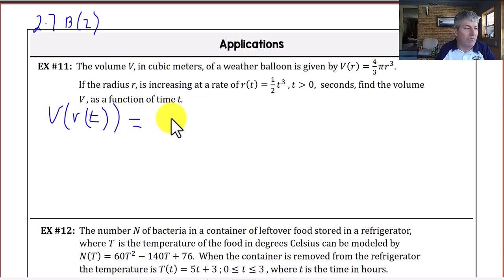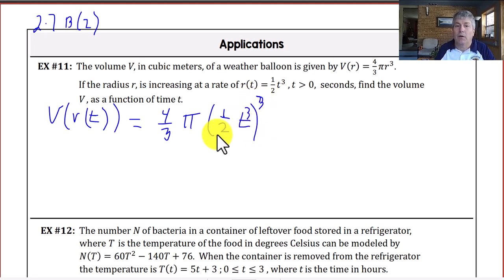So v of r of t equals 4/3 pi r, so 1/2 t cubed, cubed. So we put 1/2 t cubed into our function for r.